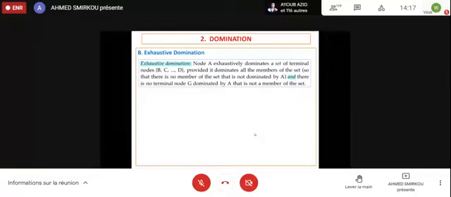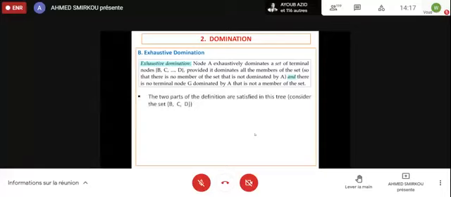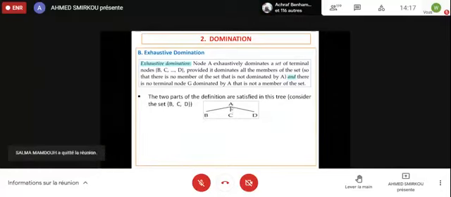Now let's explain the definition. Here, consider the tree A, B, C, D. As we said earlier, A dominates B, C, and D because it is higher up in the tree and you can draw a branch only downwards. So it's their mother.